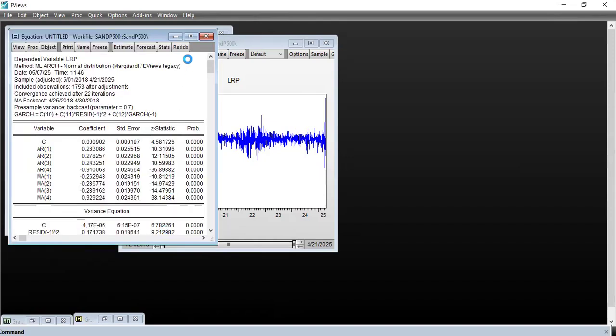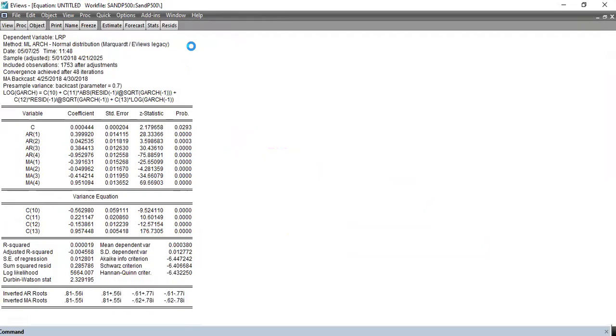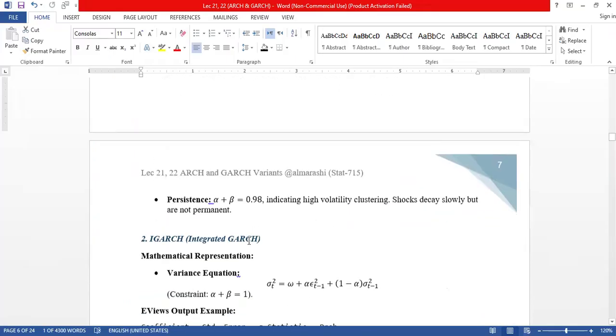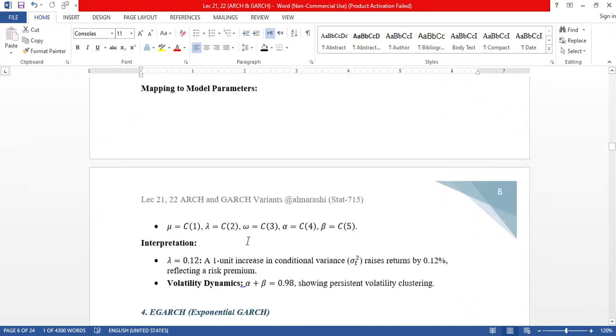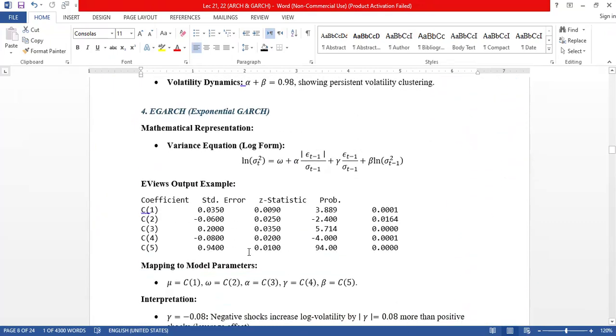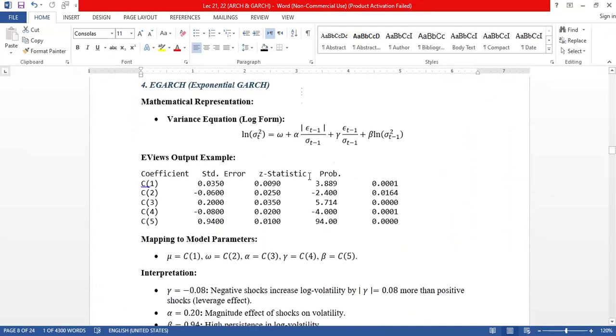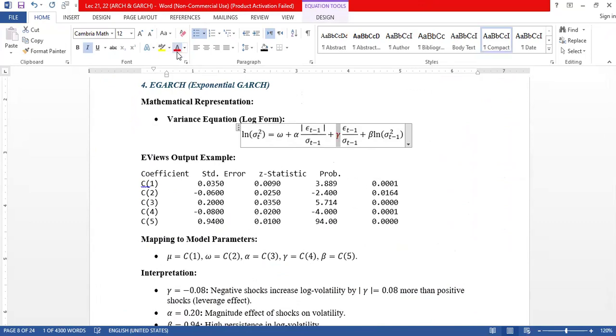Okay, and now we have what? This C12 we have to study. Go to your notes on EGARCH and see what all is happening. We are interested in this gamma.